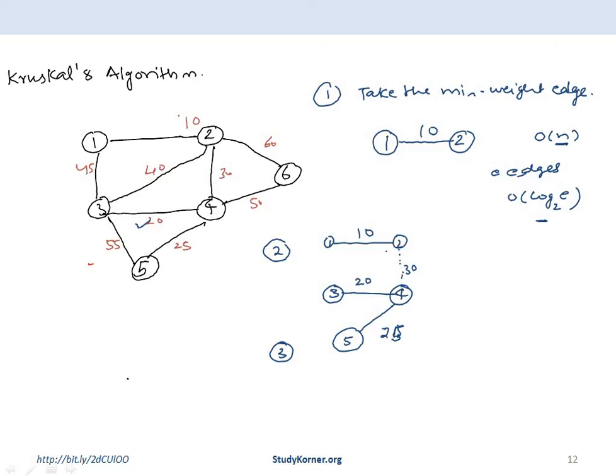I can choose 45, and this also leads to a cycle. I can choose the edge with 55, and this can also form a cycle. Then 60. I can choose the edge with weight 60.